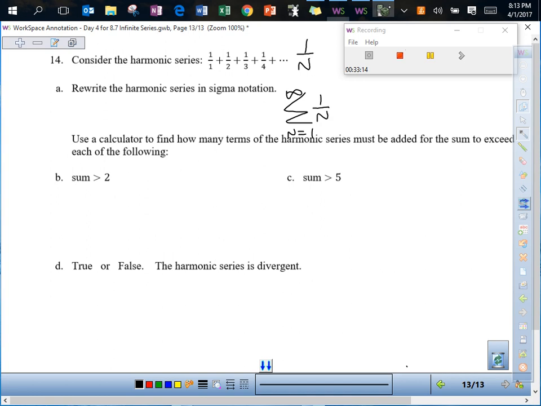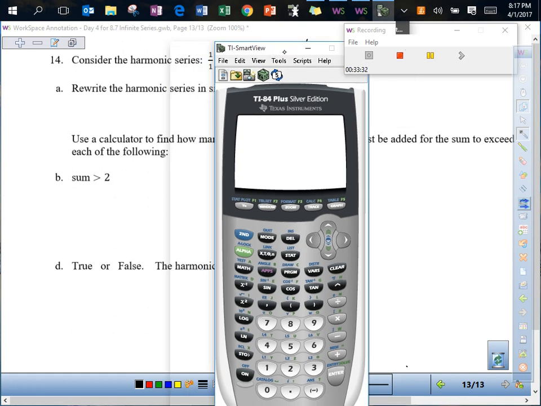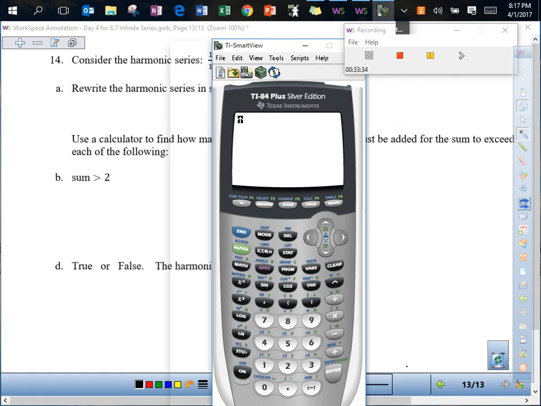So here goes again. Launch your calculator. And then remember, I'm going to go second stat, over to math, and I'm going to go down to sum. And then I'm going to go second stat, over to operations, and sequence.